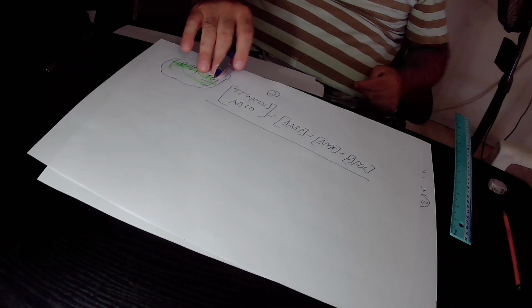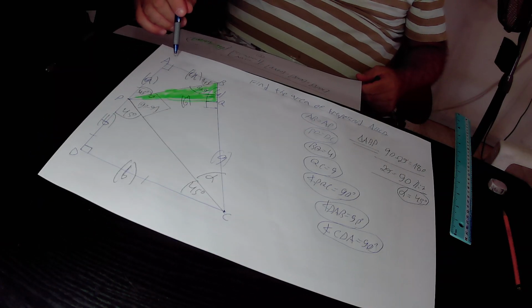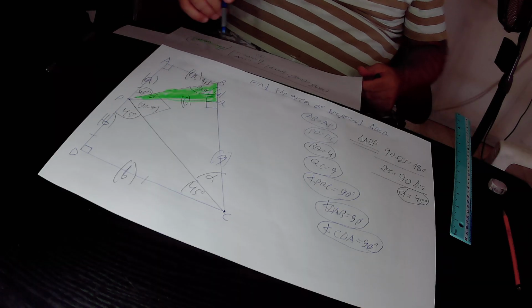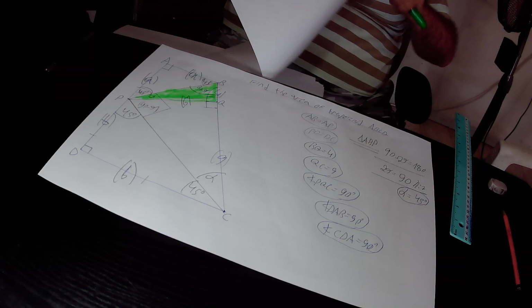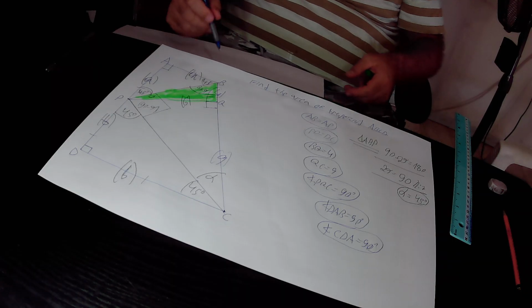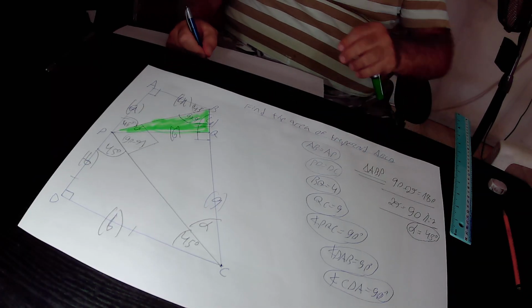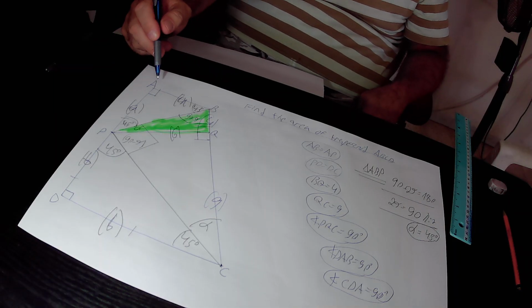So the first component is the right small triangle ABP. We know that the area of any triangle equals the base of the triangle times the height over 2. So what is the area of the small triangle ABP? It is equal to the base of the triangle, that is AB, times the height, that is AP, over 2.